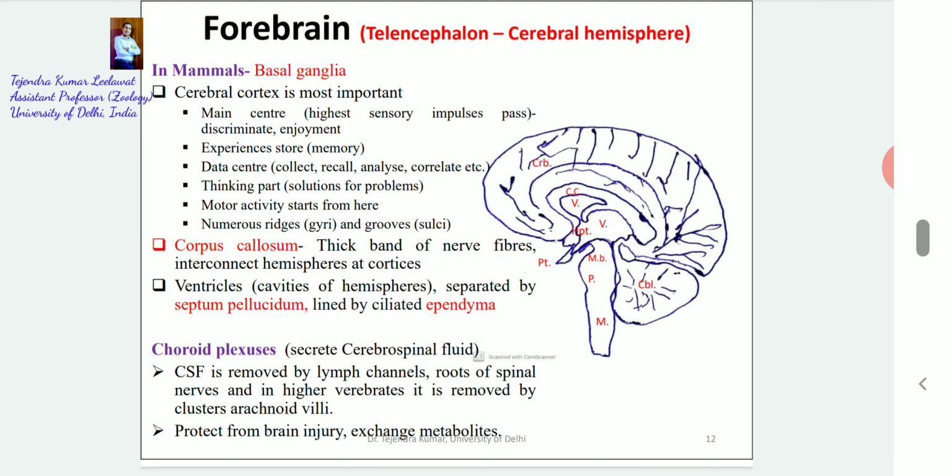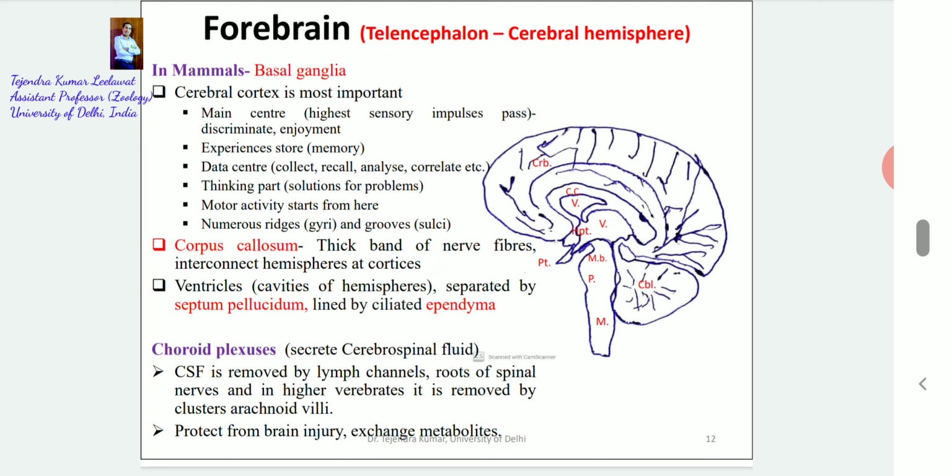In the higher vertebrates, it is removed by the cluster called arachnoid villi. I told you in the previous slides that there are three layers: pia mater, arachnoid, and dura mater. I explained pia mater and dura mater at that time, but I told you that arachnoid we will discuss later. So this is arachnoid villi.